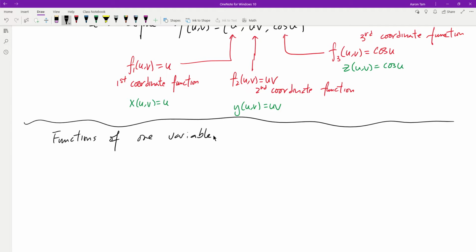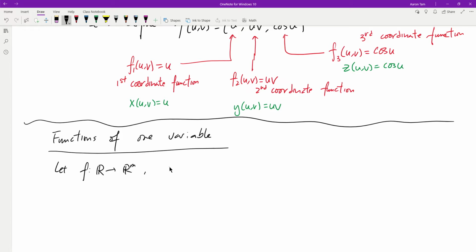But last year in BC Calculus, you were learning about functions of a single independent variable, but also a single dependent variable. What we're going to talk about this year is this type of function. Let f be a function that maps from R to R^m.